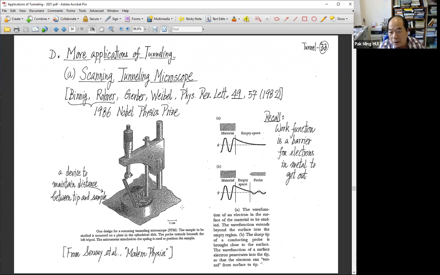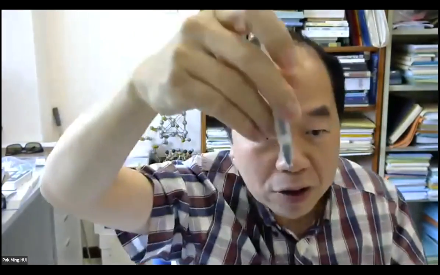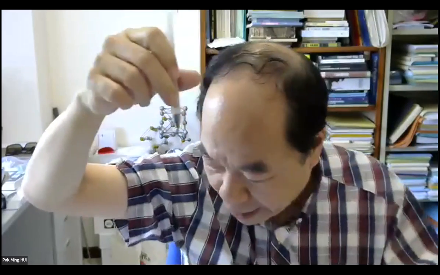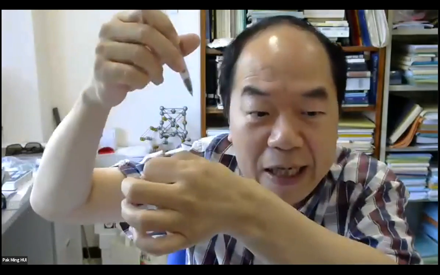And then you have a tip, like the tip of the pen here. Of course, we are talking about a tube that we believe at the end is one atom. And then you have a sample. Of course, the sample is just that tiny.